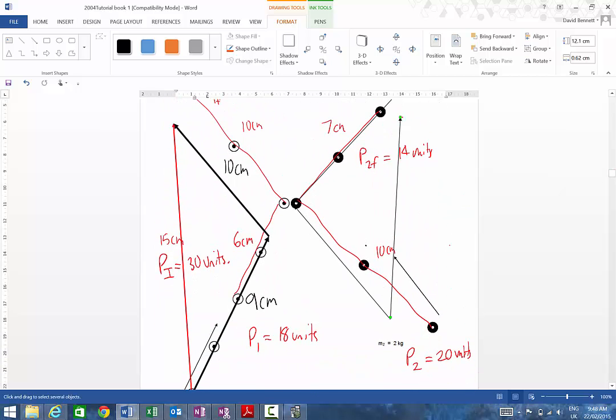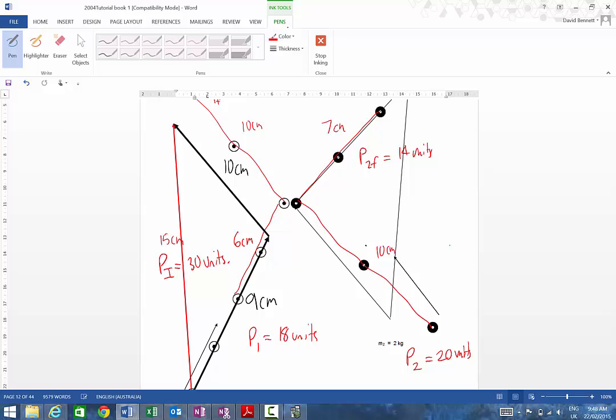Right, so I move that up to where it goes. I measure the length of it, so this would be over here. This one over here would be my final momentum, P final, and let's say that worked out to be 15 centimetres, then I would know that would be 30 units.